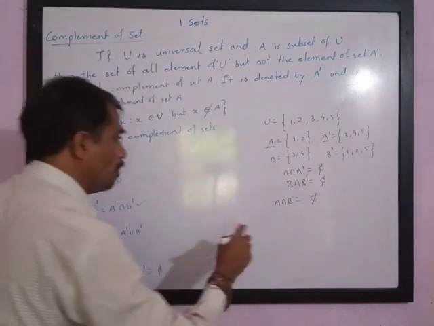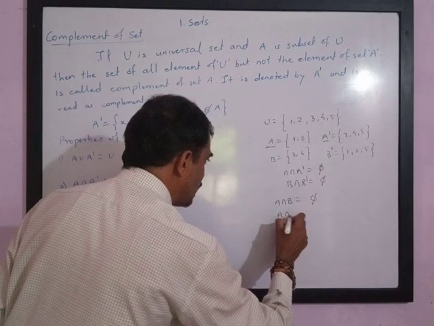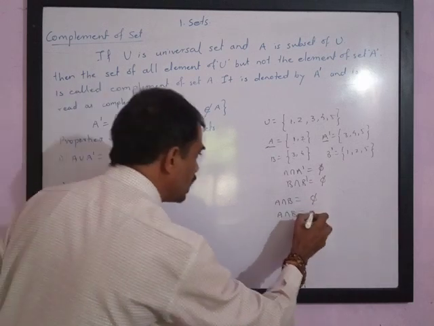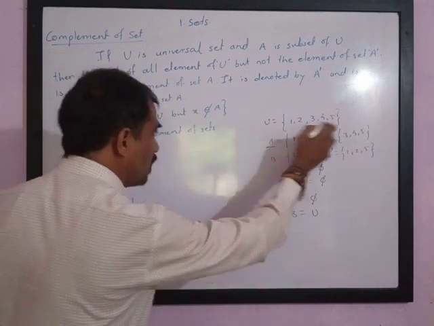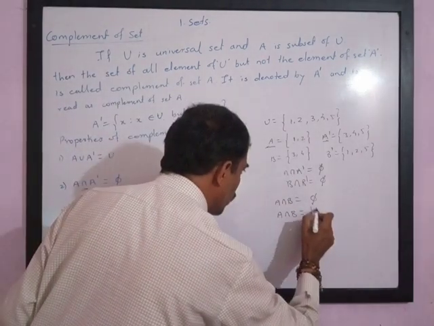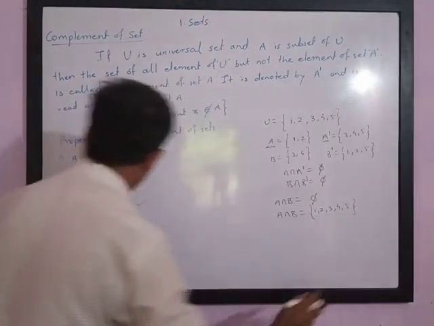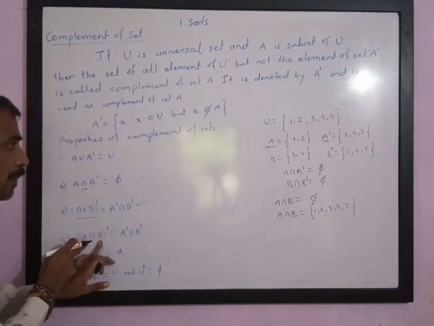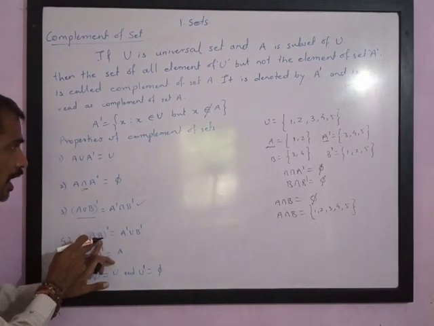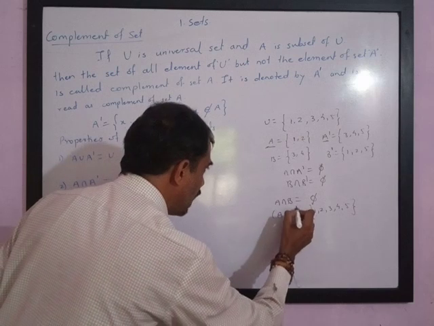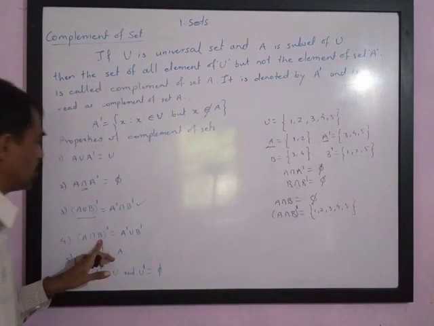Now its complement, the complement of A intersection B, is equal to the universal set itself, that is the set {1, 2, 3, 4, 5}.